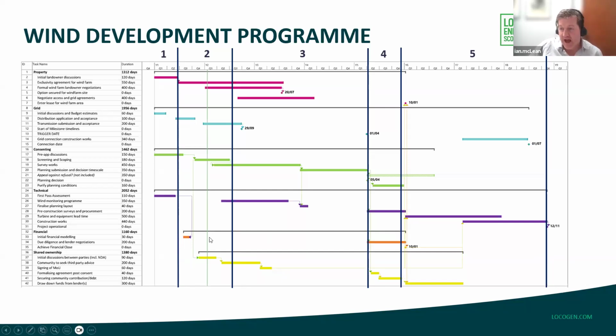And then shared ownership. Through discussions, we've identified that it's certainly recommended that shared ownership, if being discussed, is kicked off at the feasibility stage or the detailed feasibility stage, where there's a good chance that the project is going to move through into the permitting stage.